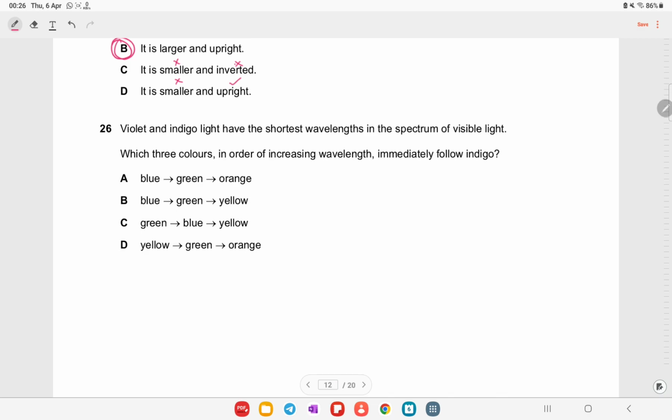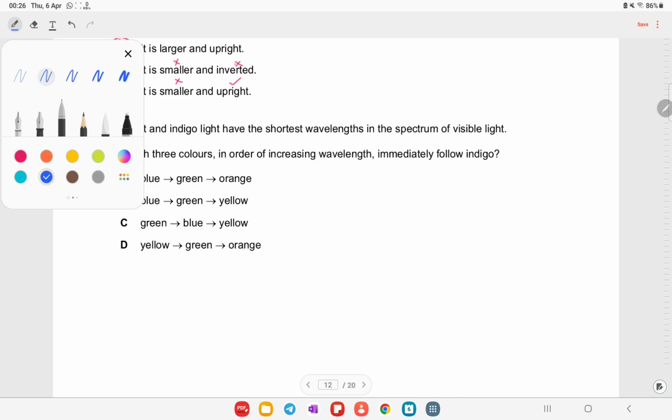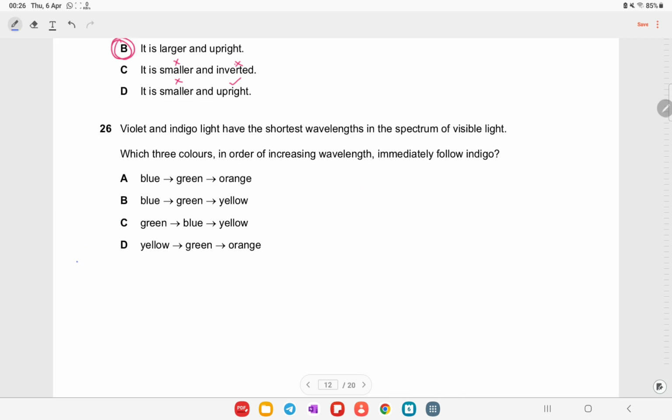Now let's see. Violet and indigo lights have the shortest wavelength in the visible spectrum. Which three colors, in order of increasing wavelength, immediately follow these? The rule is ROYGBIV.